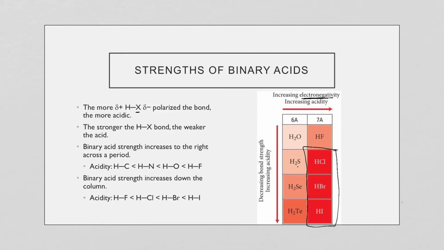And so as we go down the group, we see the bonds getting longer and getting weaker. And as those bonds get weaker, that hydrogen becomes easier to lose, and we get stronger acids. Right? So bond strength decreases, acidity increases. So as you go down, acids get stronger because that bond becomes weaker.